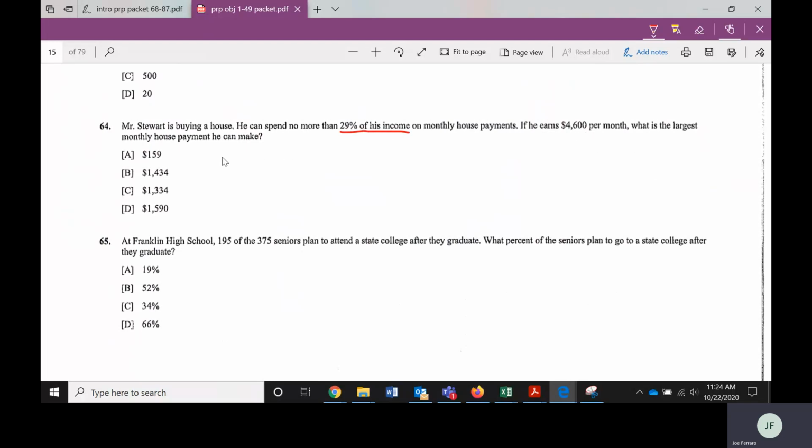It says what's the largest monthly house payment he can make. So he's going to use part of his income to pay for the house. So we're looking for the part. And again, the other way you could write that is you are looking for 29% of 4,600. And that'll be how much you can use for house payment.